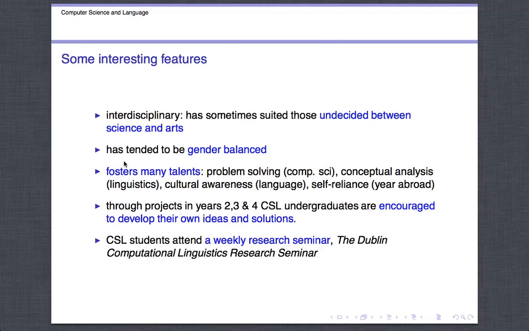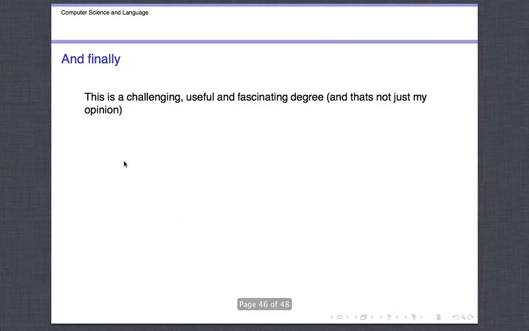And there's a weekly research seminar which students are encouraged to attend, which gives you a view into current developments in linguistics and computational linguistics. It is, I think, a challenging, useful, and fascinating degree. Obviously, I would think that, but you're free to dissent.